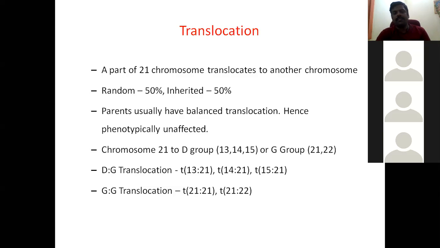So translocation can occur between a D group chromosome and a G group chromosome. That means 13;21, 14;21 or 15;21. Of these, 14;21 is most common. Sometimes the translocation can occur between the G group chromosomes themselves.